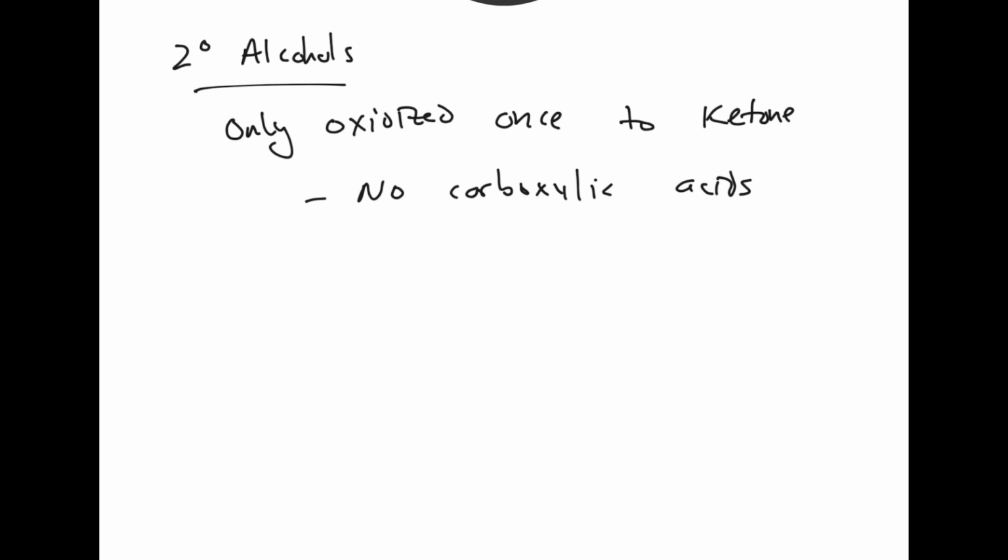So they're only oxidized once to the ketone. So regardless of what the oxidant is, right? You have generic oxidant. You're always just going to end up with a ketone.